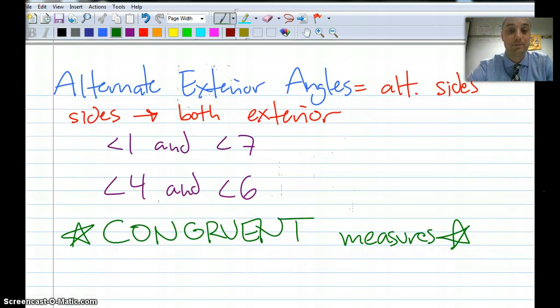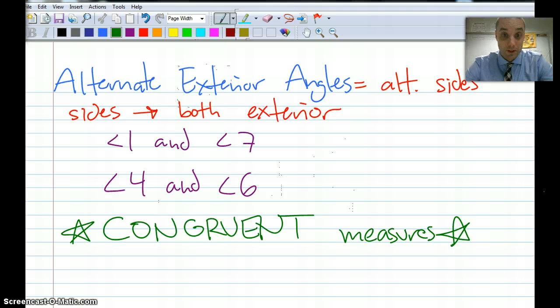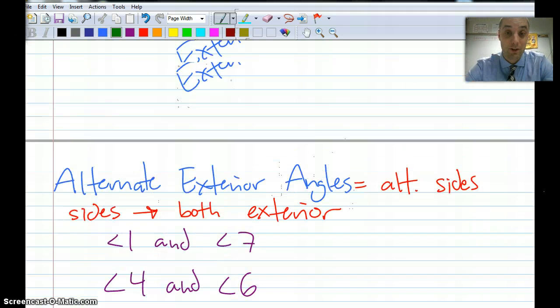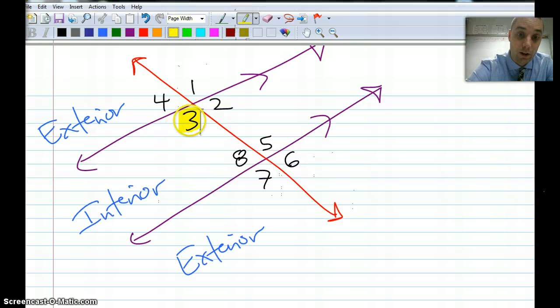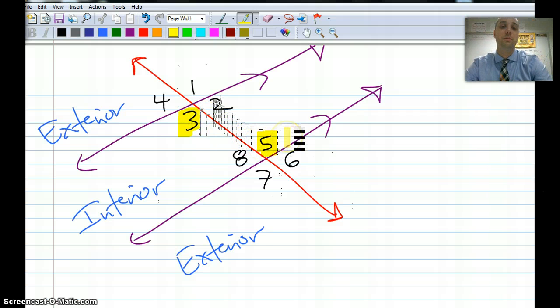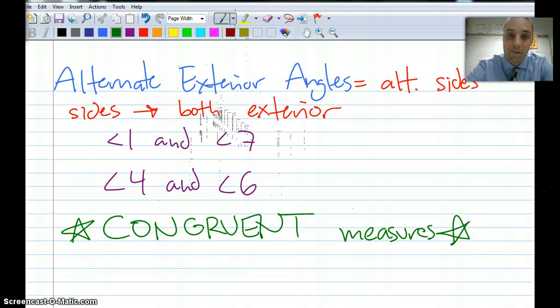Now, next word, kind of alternate exterior angles' sibling, it's going to be alternate interior angles. So if I go back to this picture here, and I pick one of these angles that's on the interior, let's say angle 3, the one on the alternating side, also in the interior, is angle 5. Both on the interior, on alternating sides. So the next vocab word is alternate interior angles.